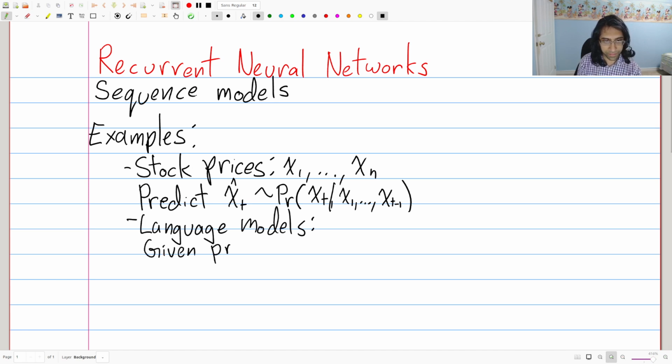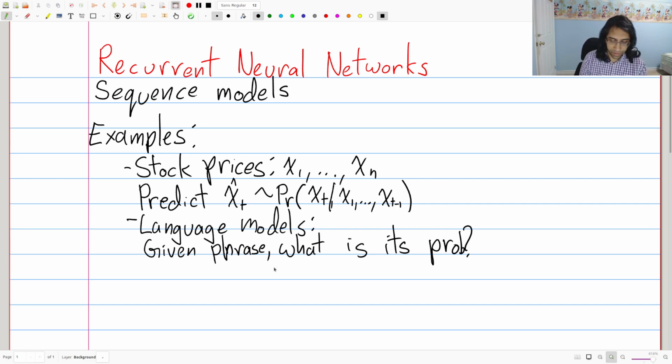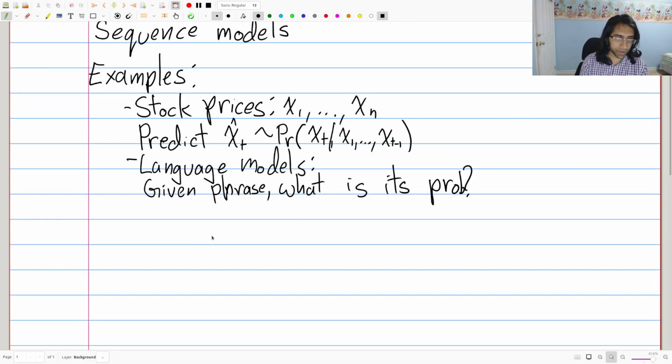Given a phrase, what is its probability? So this might seem a bit odd to you. How do you predict the probability of a phrase? Well, the common way to model language is to assume that phrases are drawn from some distribution.